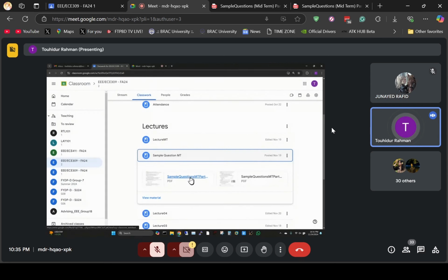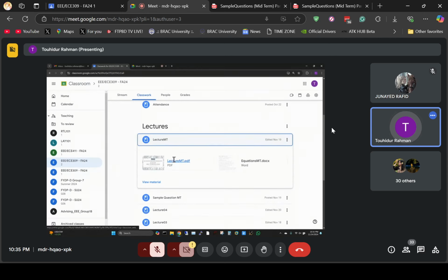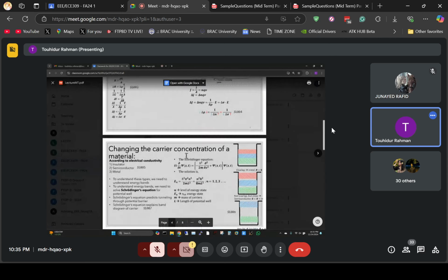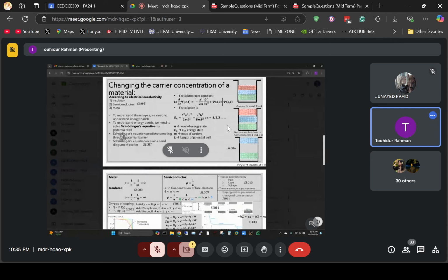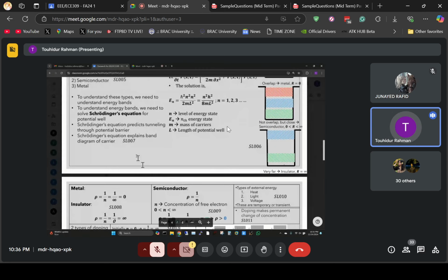Or I guess it's also in the summary lectures. And also the tunneling effect. Okay. So I think the answer is given here. So this is serial number 7, and you asked for the question number 7.